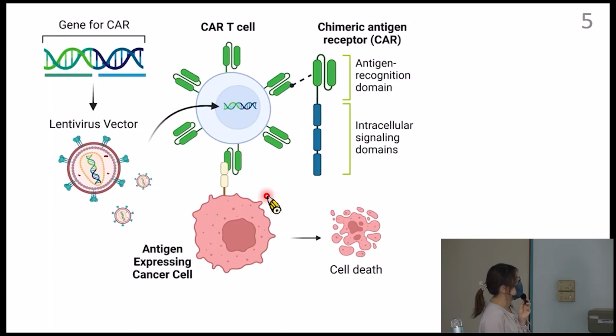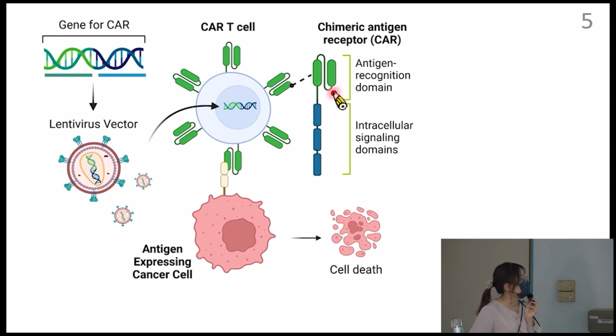Okay, so this diagram briefly describes the whole flow chart for CAR T cell production. As I previously described, they use lentivirus to insert the gene into the T cell and let this T cell overexpress the receptor. And this receptor is currently developed to the third generation.